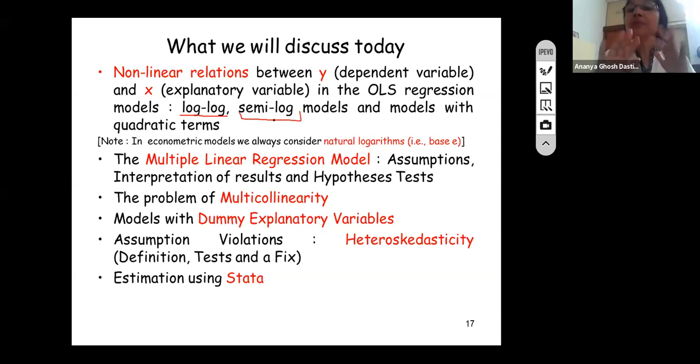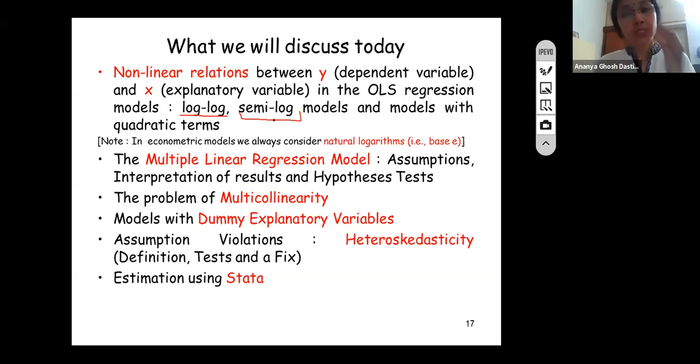Okay. Suppose I have a semi-log model where I'm regressing y on log x. Then take the beta, divide by 100, and what is it giving you? It gives the unit change in y for a 1% change in x.